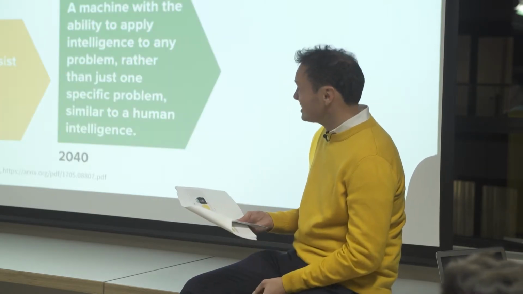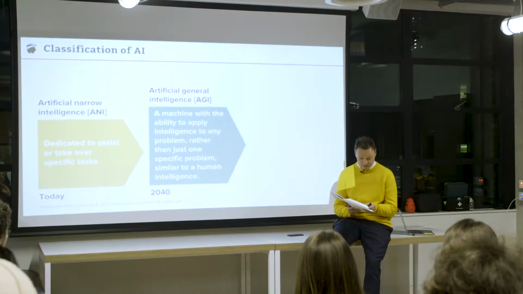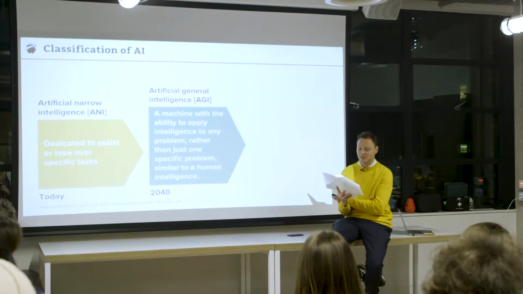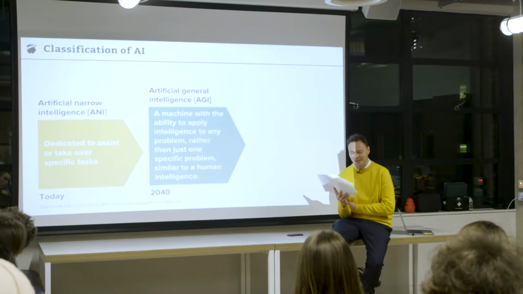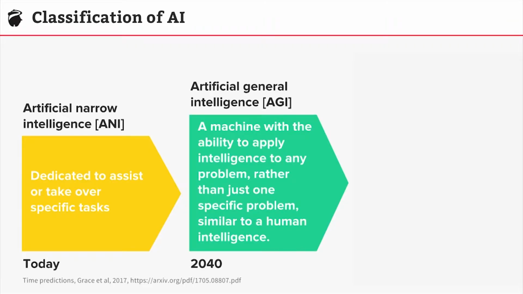That's what we have today, essentially. Then the next sophistication would be artificial general intelligence. That is the stage when it reaches human-like intelligence, the ability to apply intelligence to any problem, rather than just one specific problem, similar to human intelligence. That includes learning, planning, decision-making, lying as well.